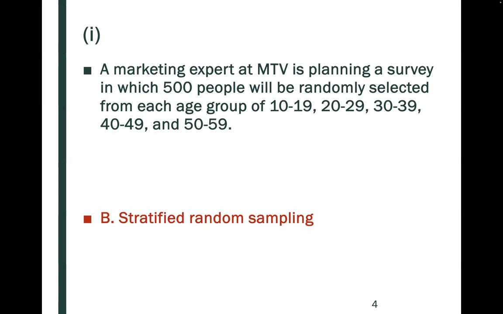We have 5 different age groups. We have 10 to 19, 20 to 29, 30 to 39, 40 to 49, and 50 to 59. So these 500 people are going to be randomly selected from each group. So that's why it's stratified random sampling. We have different strata and we're randomly selecting people from each strata.